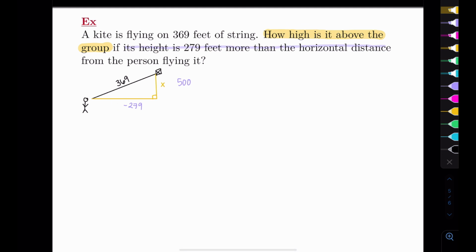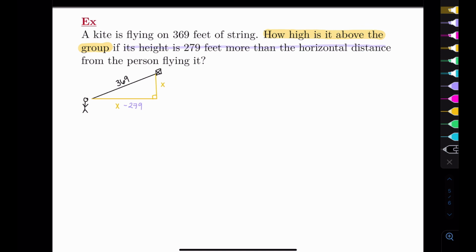So since it's this unknown expression, I take the vertical distance and I have to subtract 279 to get the horizontal distance, okay? And this just makes my life a little bit easier because we have x as the vertical distance, and that's exactly what we want to find, okay?